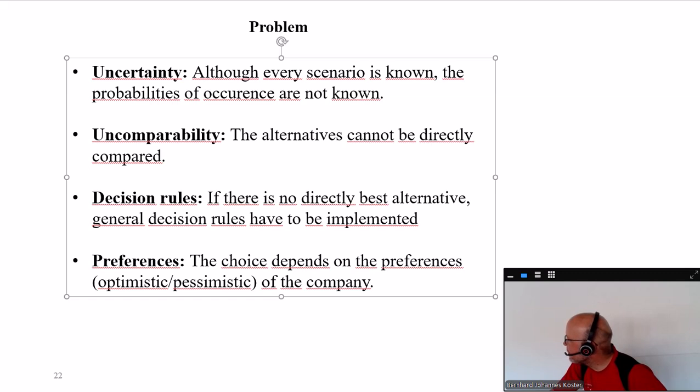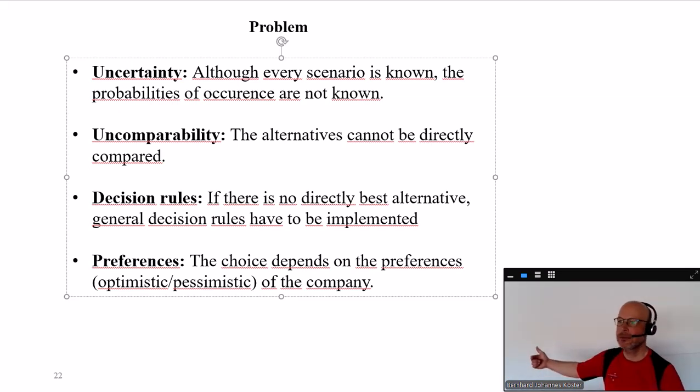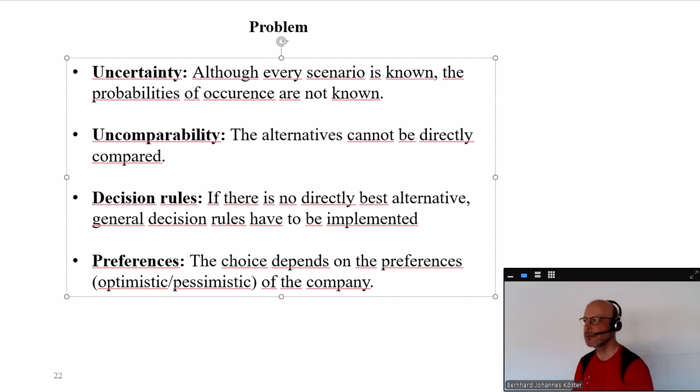In general, I have this uncertainty, and as we have seen here, I have no dominance within the alternatives. So in general, I cannot really compare the alternatives using all scenarios in parallel.